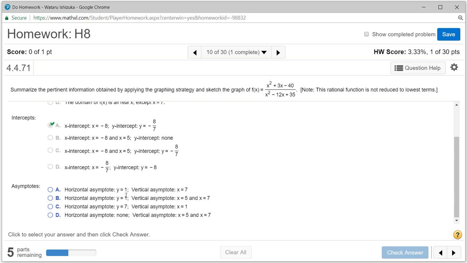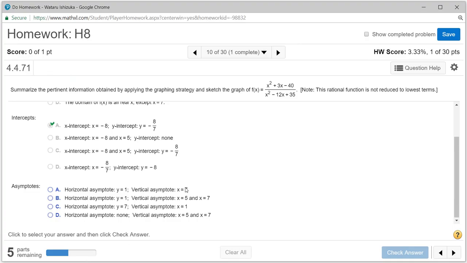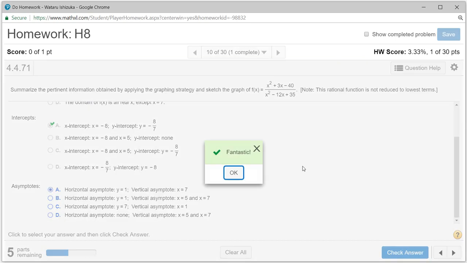Vertical asymptote: in order to find a vertical asymptote, you need to cancel out the common factor and set the denominator equal to 0. So the vertical asymptote is x equals 7. So A is the correct one. We got that.